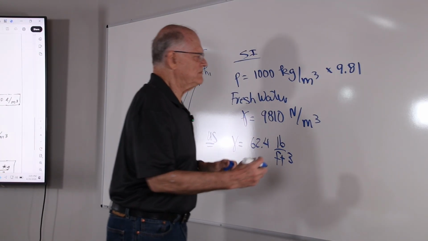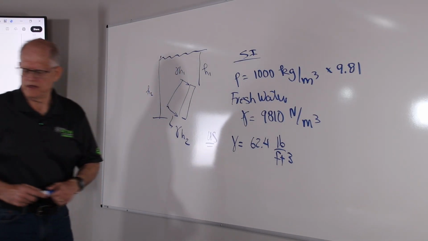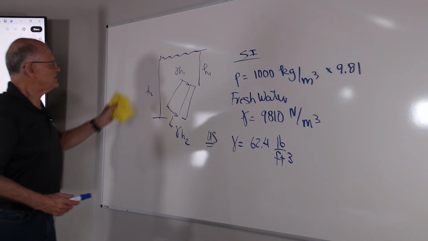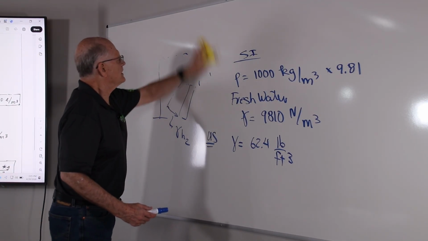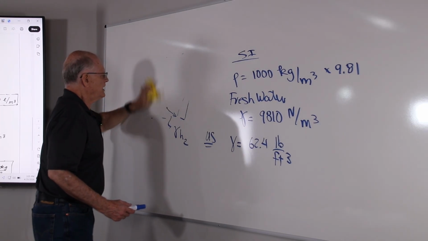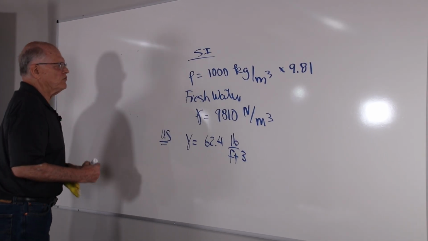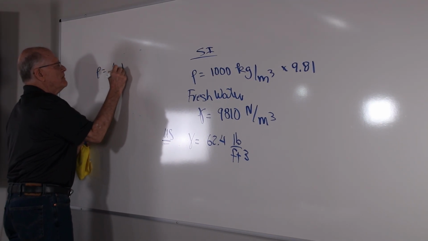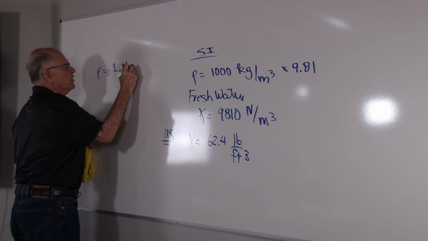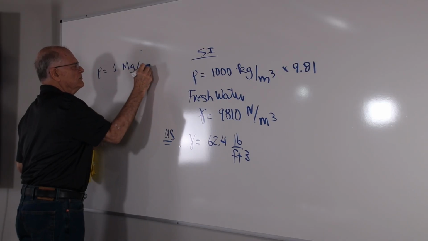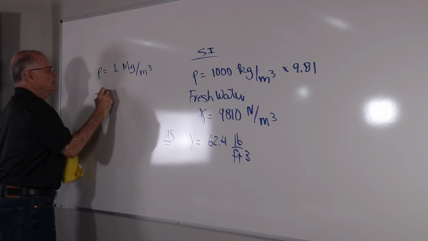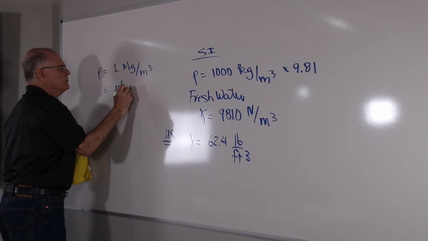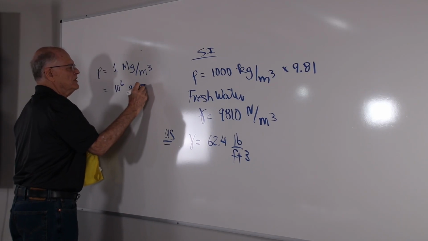Sometimes a book will give you a density of the water, and they'll say rho is equal to 1 megagram per meter cubed. So this megagram is 10 to the 6th grams per meter cubed.